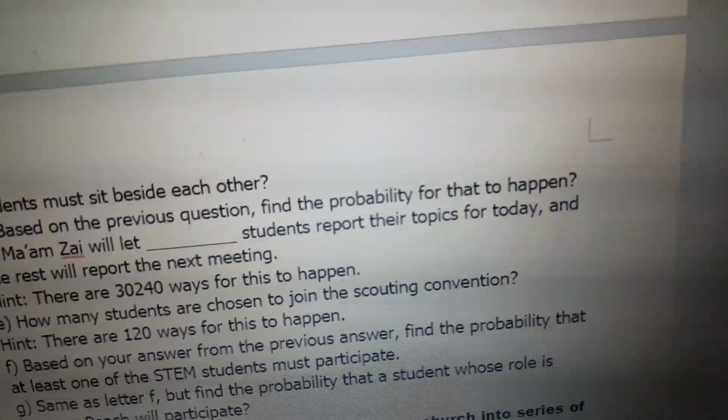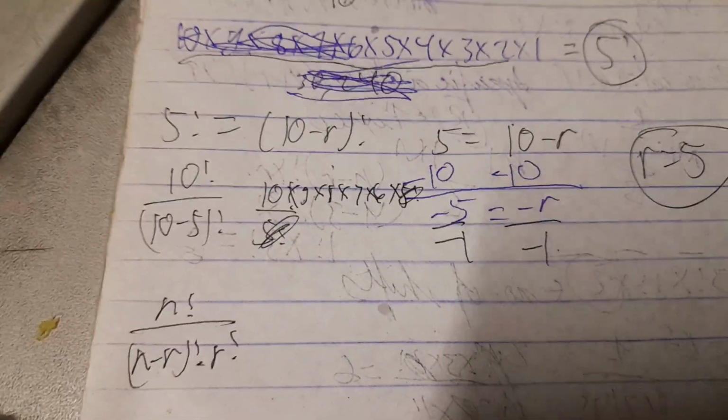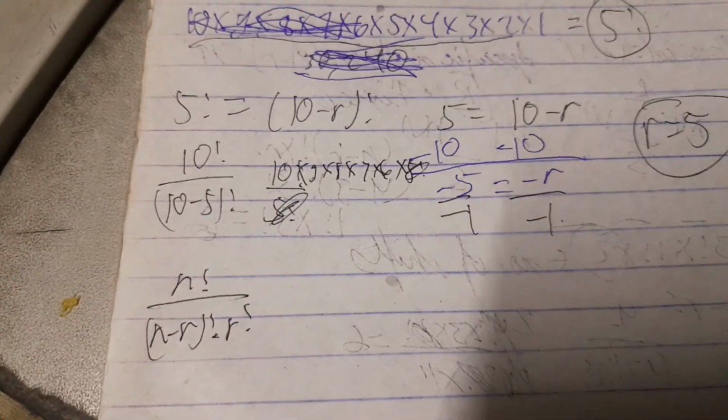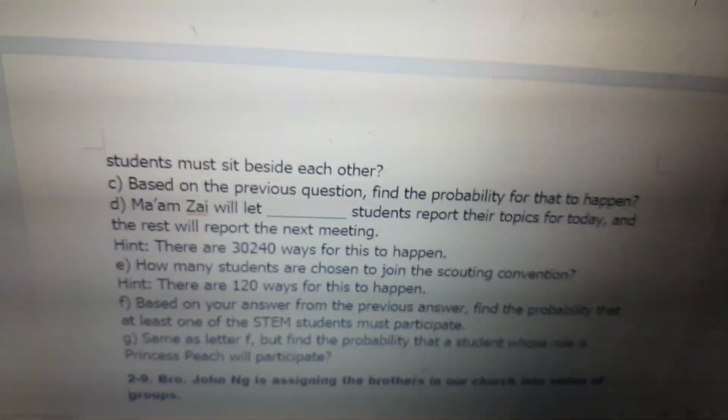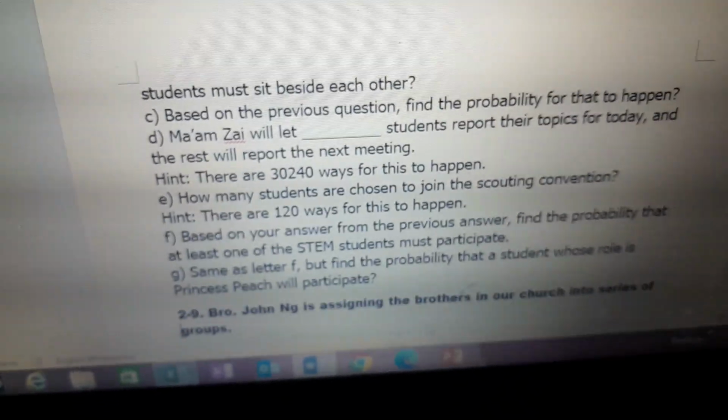So therefore, our formula must be n factorial over n minus r factorial times r factorial on the denominator side. And remember I said here, how many students are chosen? So we're looking for r. Of course, our n we already know, even if n were not implied, we already know that there are 10 because in my class, there are 10 students.